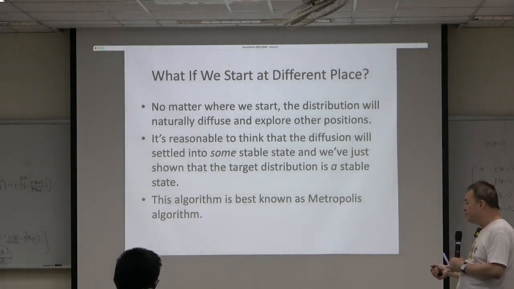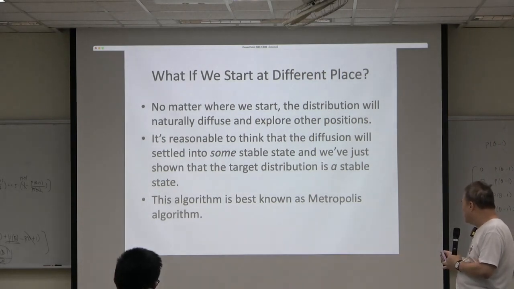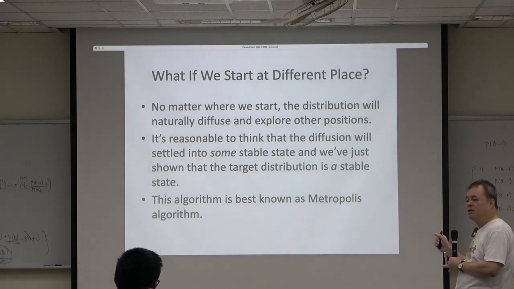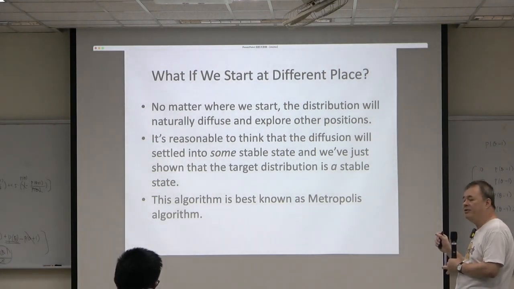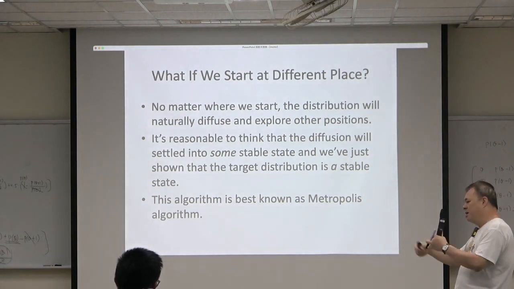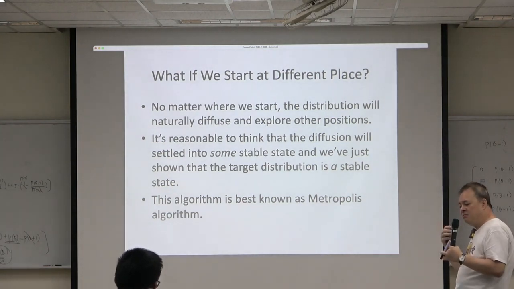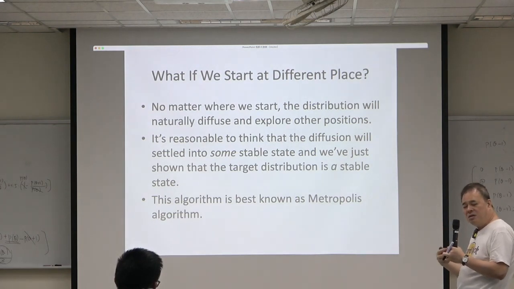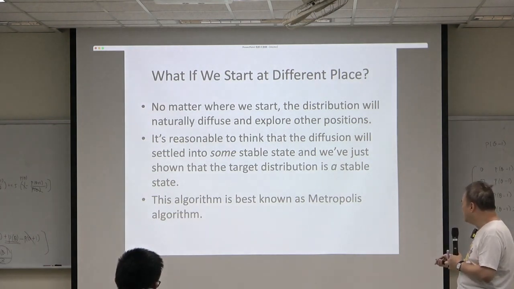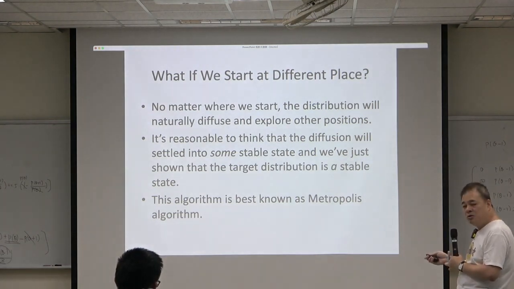This is important. It tells you that it is very likely that after repeatedly applying this matrix, eventually you are going to end up with this target distribution.